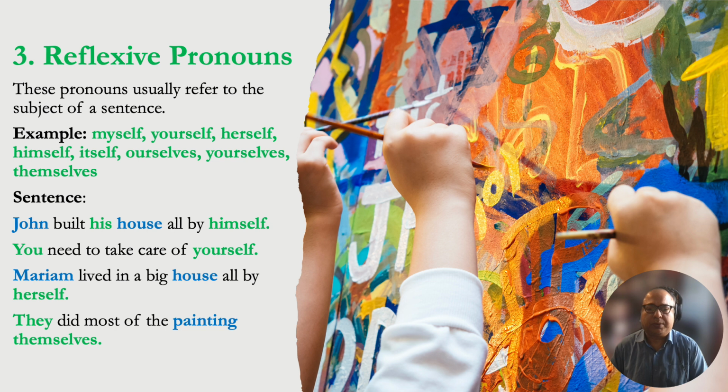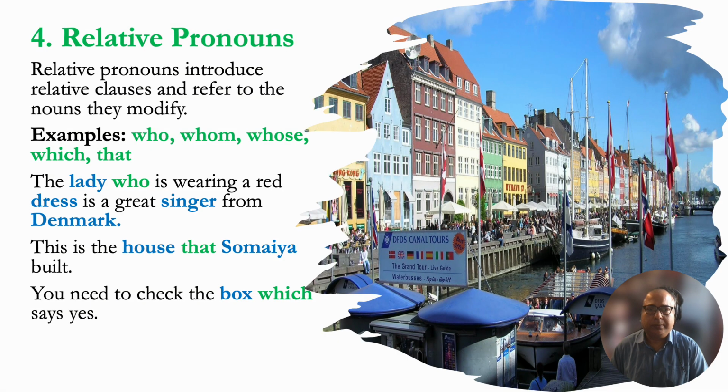There are two pronouns if you notice in the first sentence. First one is his, which is a possessive pronoun. John owns this house and he built it all by himself. He did not have any help. He built the house all by himself. You need to take care of yourself. You, personal pronoun, and then yourself is a reflexive pronoun. Okay? So let's move on.